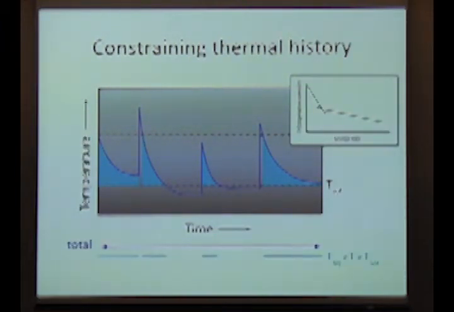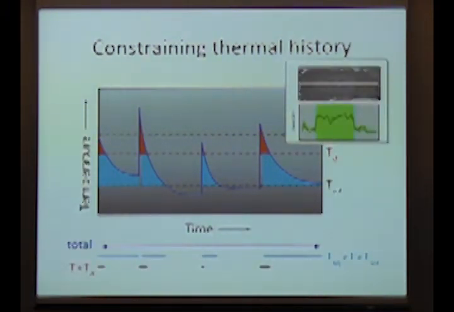You can then get the time that it spent in between the liquidus and solidus, or more technically speaking, in between saturation in the mineral that you're looking at and the solidus, by looking at something like the crystal size distribution, so that constrains the amount of time it spent in between these two temperatures. Or you can get, for example, the diffusion times, where, for an arbitrary temperature, if you have a trace element profile that's not in equilibrium, you can calculate how long it could have spent at that temperature before that diffused away to equilibrium with the surrounding liquid.